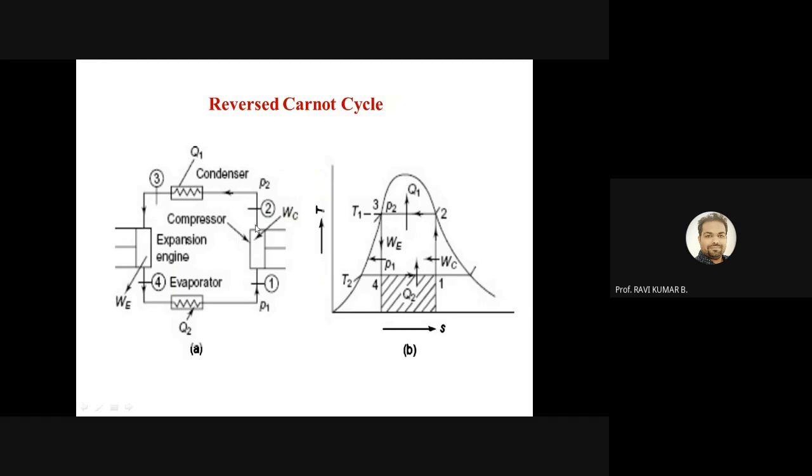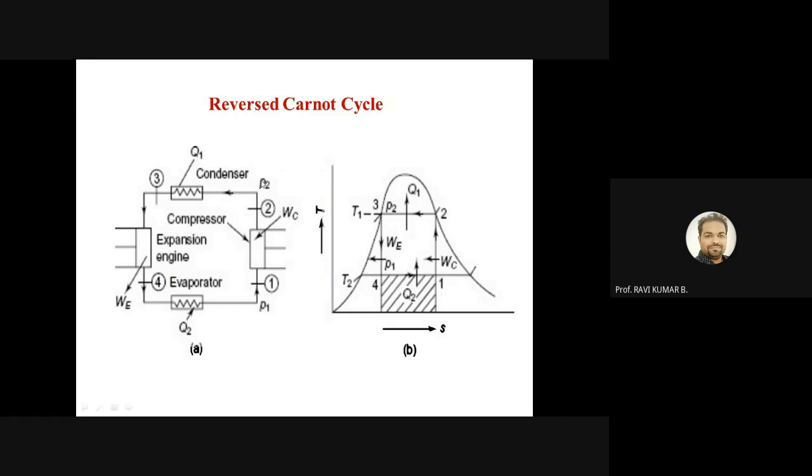So the process starts from the compression. 1 to 2 is your compression process, and usually we say that the compression process is isentropic, a reversible adiabatic process. Then process 2 to 3 is your condensation. In the refrigeration cycle, we never look for any process which is increasing the temperature within it. So we need to reduce that, and for that purpose, the condenser is provided over here.